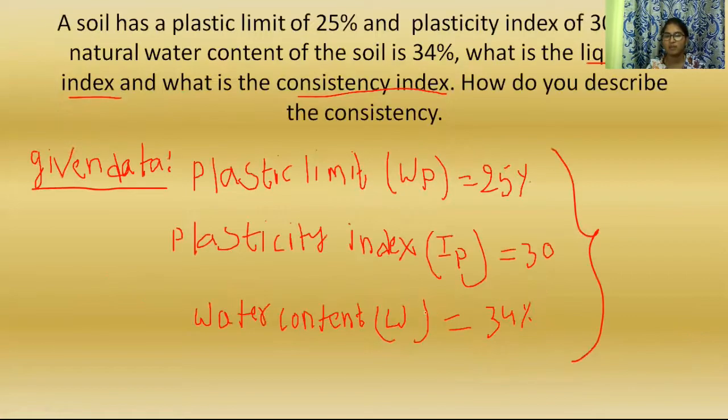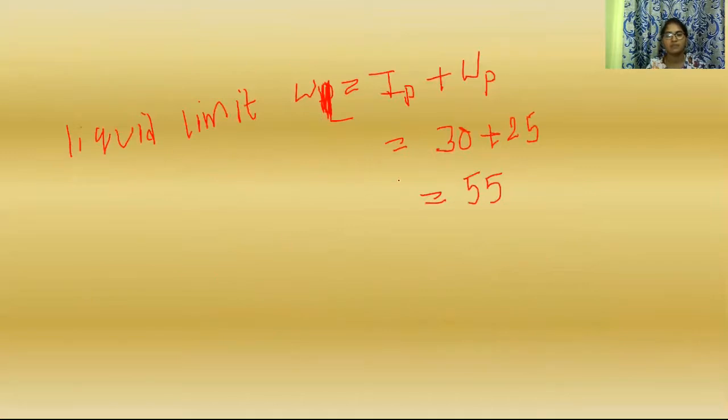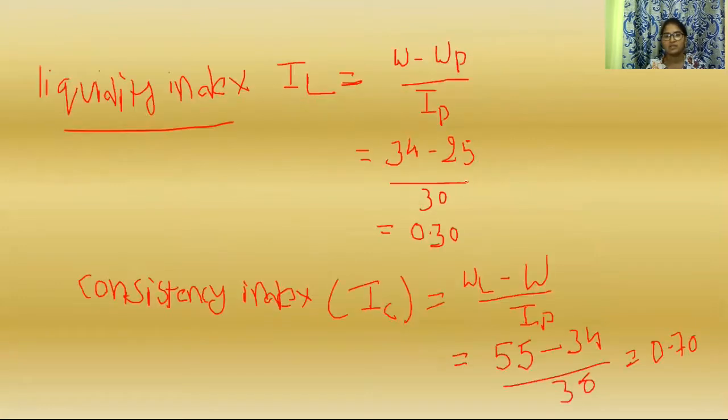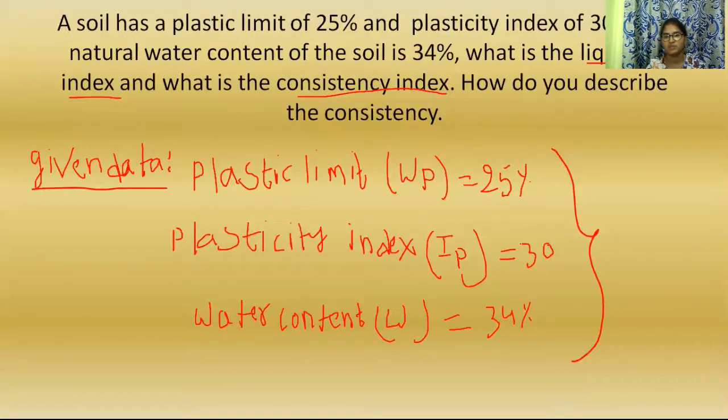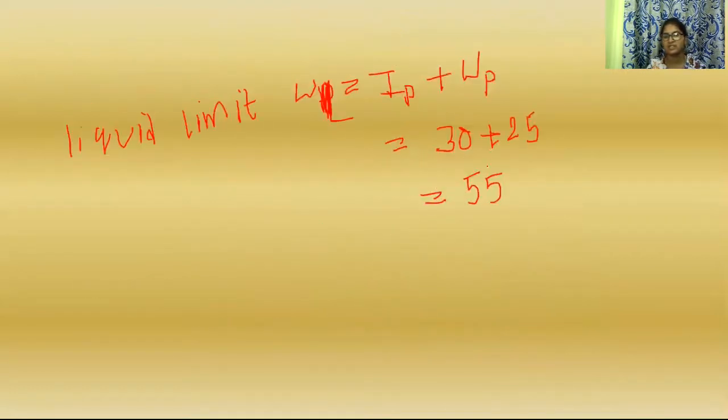In this problem the liquid limit value is not given, but we know W suffix L is equal to IP plus WP, which is 30 plus 25, equal to 55.